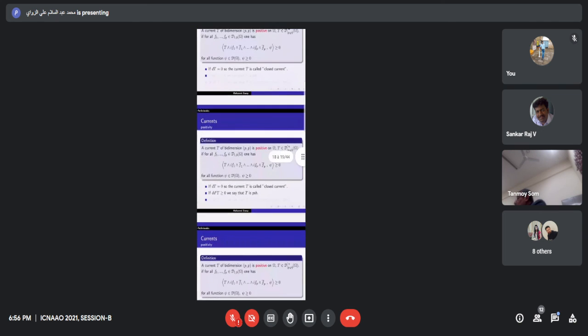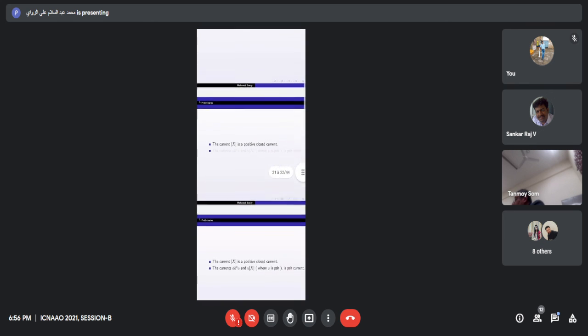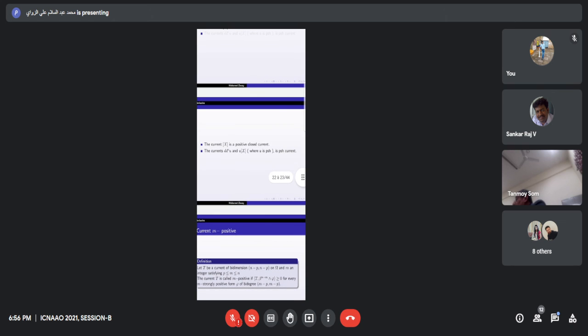And as a class of currents, we have what we call closed current if dT is equal to 0. If dd^cT is positive, we say that T is plurisubharmonic, and if dd^cT is negative, we say that T is plurisuperharmonic. As an example of current, if we take X an analytic set, the current of integration on X is a positive closed current, and the product between a plurisubharmonic function and a positive closed current always gives a plurisubharmonic current.